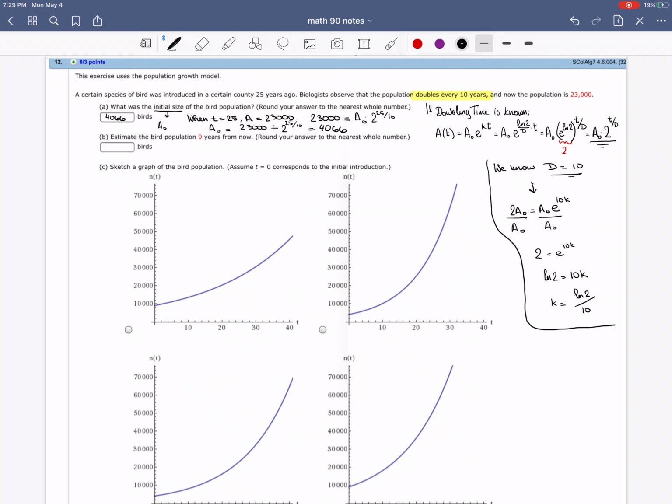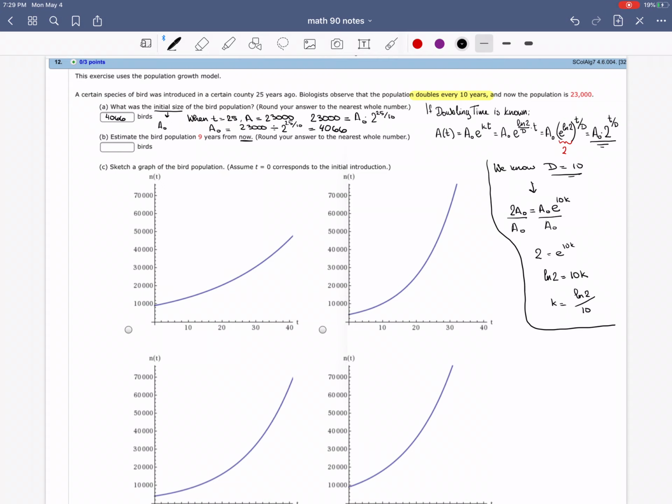Okay, so this is kind of in line with the number of birds that we were expecting, because again, this is a number that would double twice and then some and end up at 23,000. Okay, estimate the bird population 9 years from now. So remember, now is 25 years after the population was introduced.